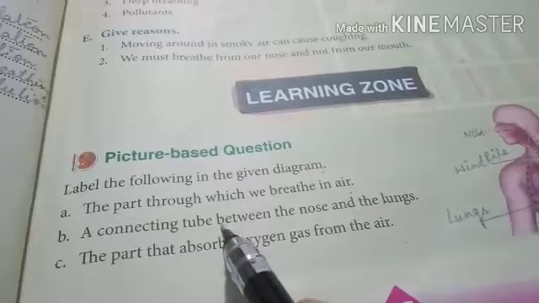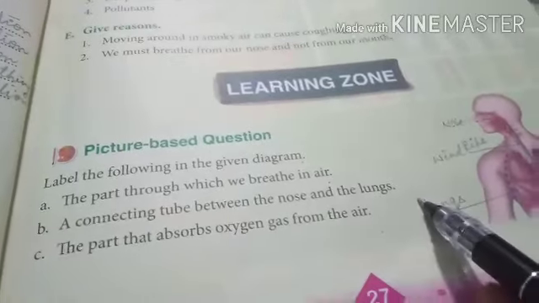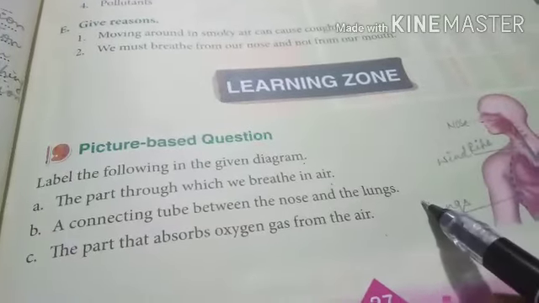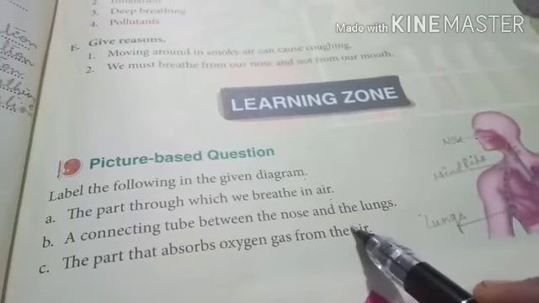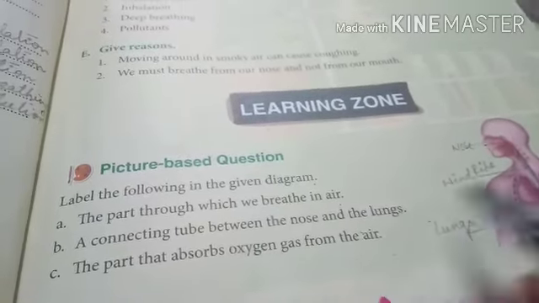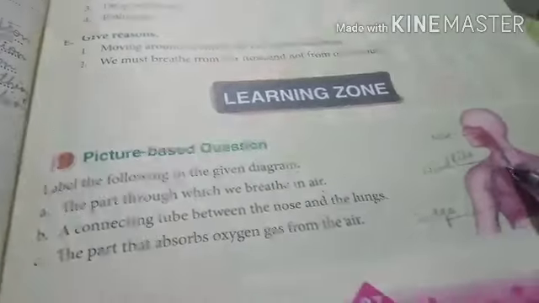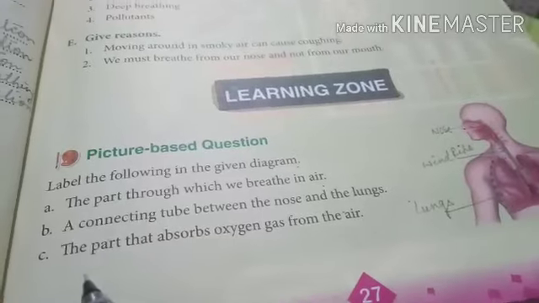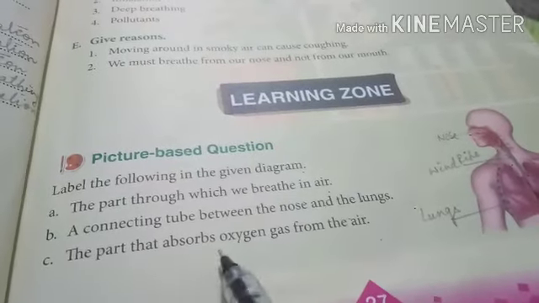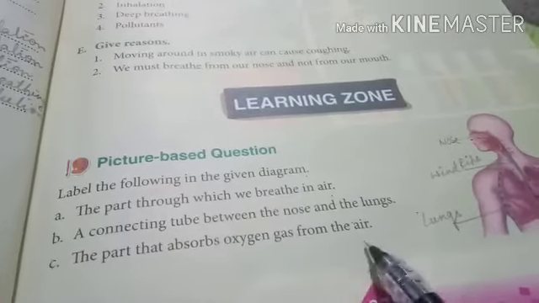Number B, a connecting tube between the nose and the lungs. Of course, the windpipe is the connecting tube. Here is the windpipe shown. The third is C, the part that absorbs oxygen gas from the air.